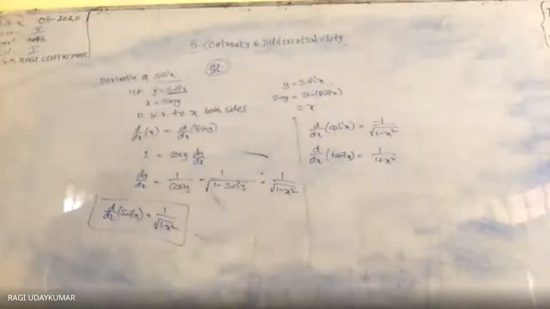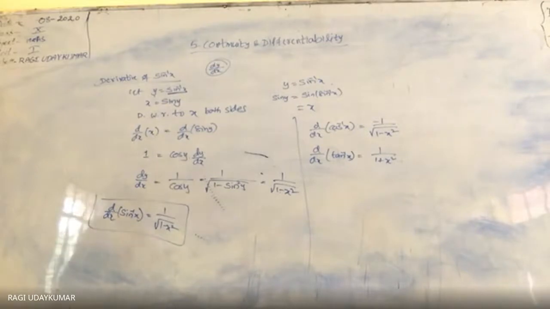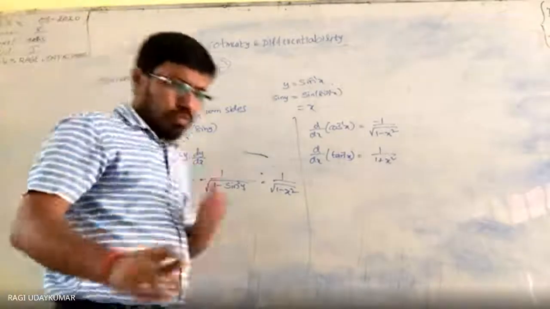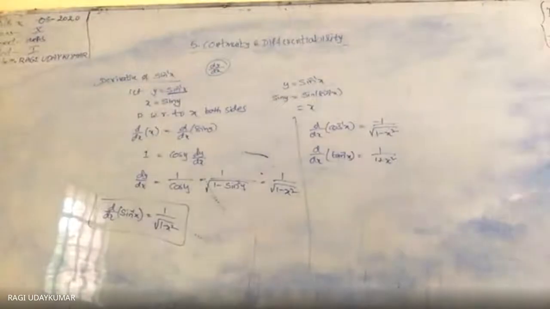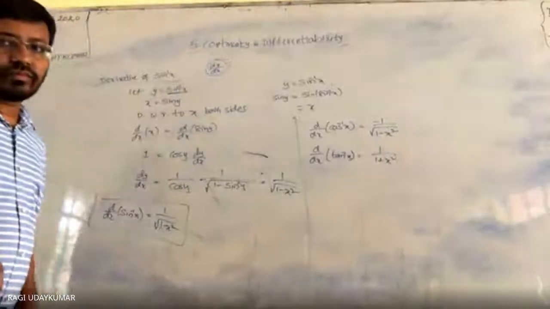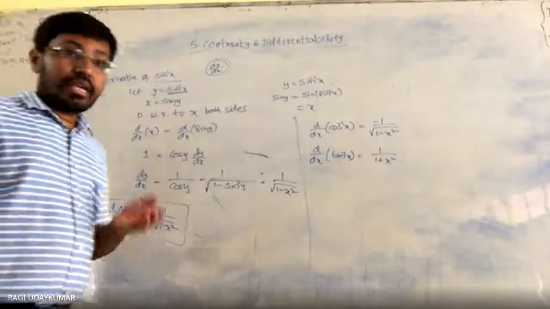How do we prove the tan inverse x derivative?